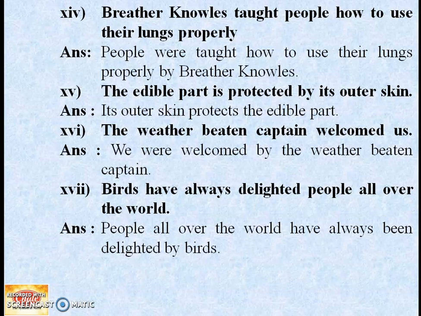Present perfect because the auxiliary have has been used and the third form of verb is used. If the given active voice sentence is in present perfect tense, we have to use be. See that answer once again. People all over the world have always been delighted by birds.